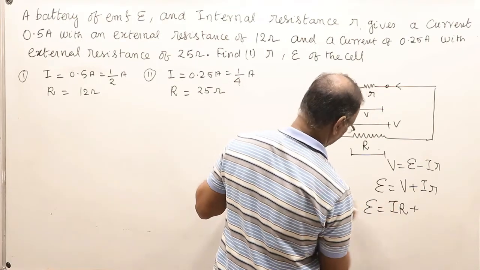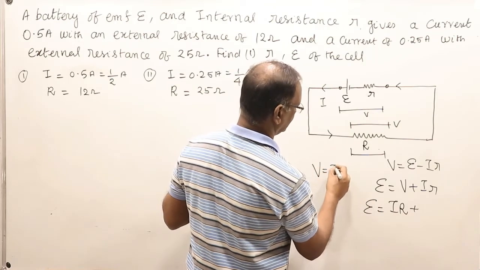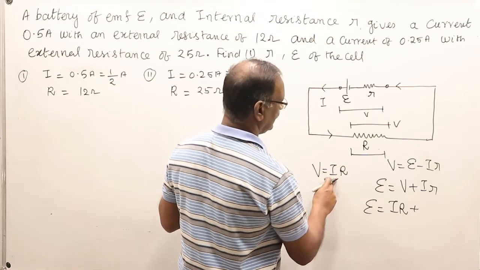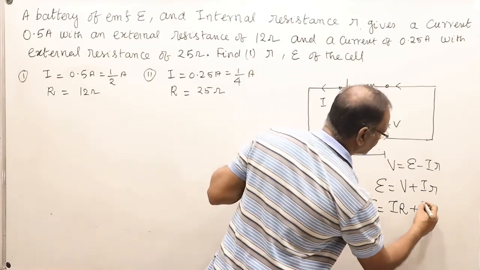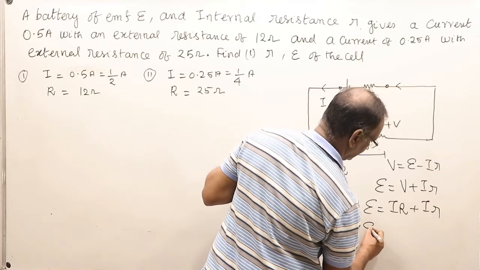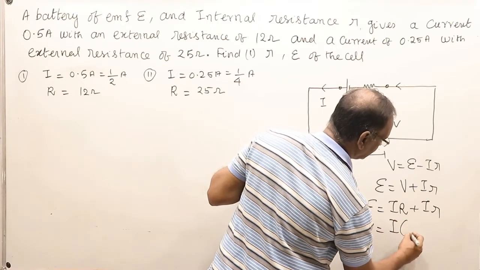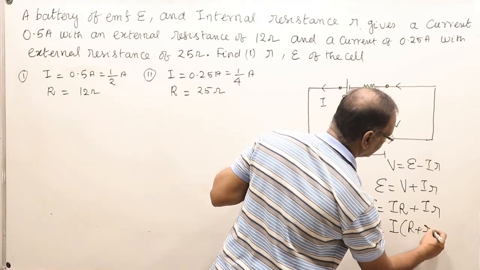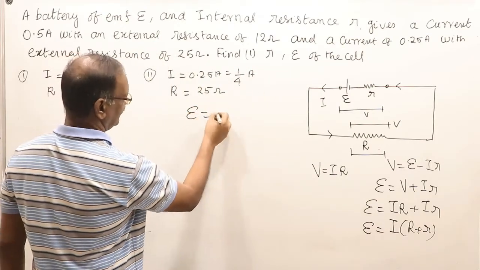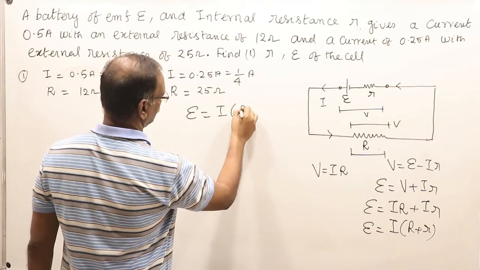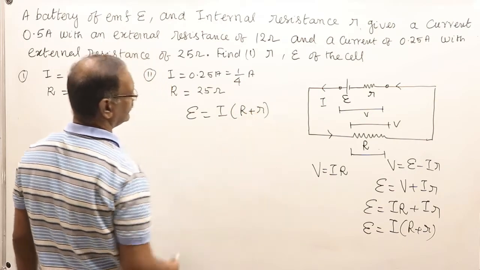Since V is the terminal potential, it is also equal to I, the current flowing through the external resistance, into R, the potential drop across the external resistance. So EMF is equal to I into R plus r. This is the expression: the EMF of the battery is equal to I into the total resistance in series.